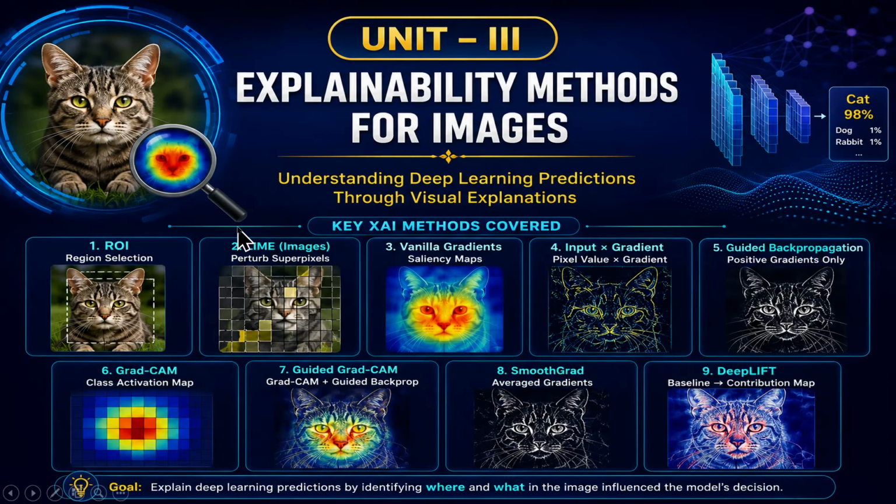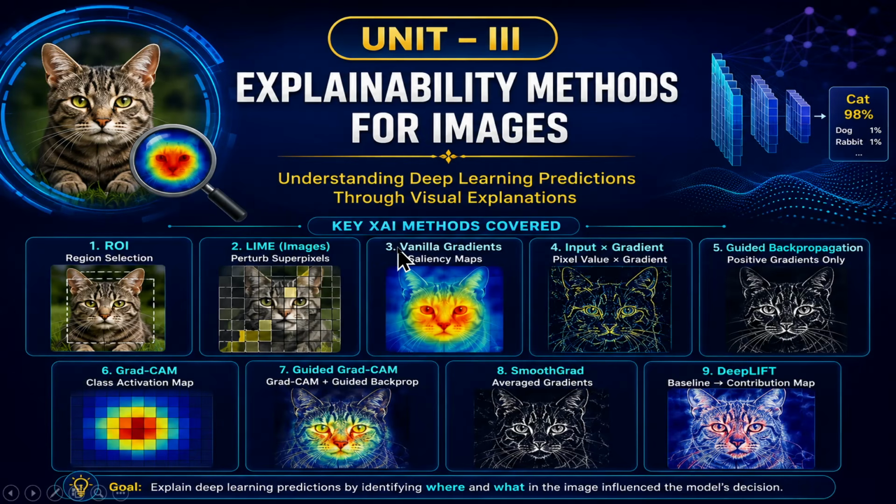Here in LIME, it works by creating perturbed superpixel samples and giving us how LIME works. It creates a simpler model and runs it, and then gives us equations which are treated to be the explanation values.